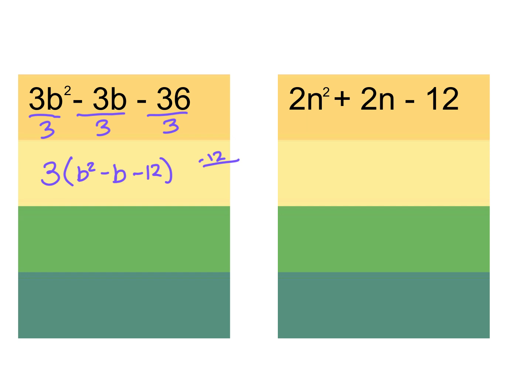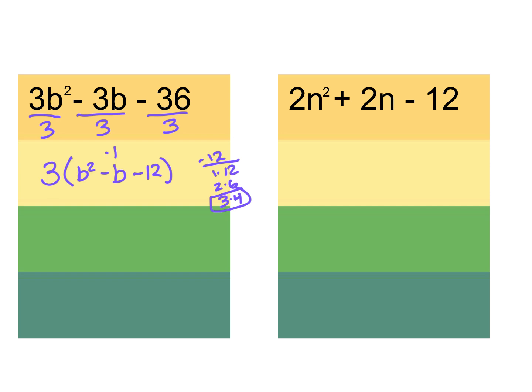So technically, this is a negative 12, and adds to be negative 1, because this is like a negative 1. So we know we're looking for 2 numbers that are right next to each other. So I've got 1 times 12, that won't work. 2 times 6, that won't work. 3 times 4, that one's going to be my ticket right here, because I know that when 2 numbers are 1 apart, they're going to subtract to be a 1.